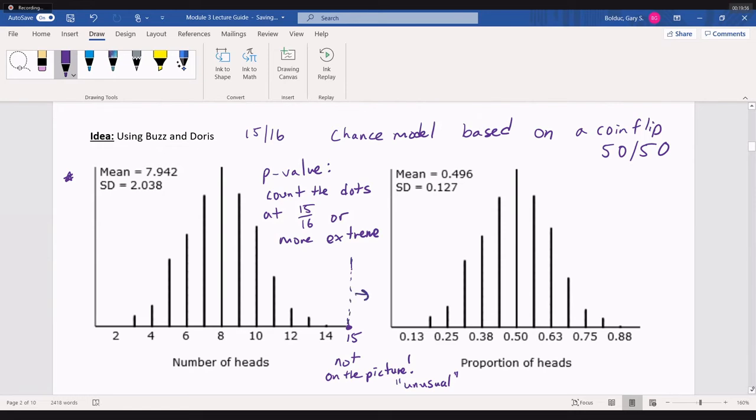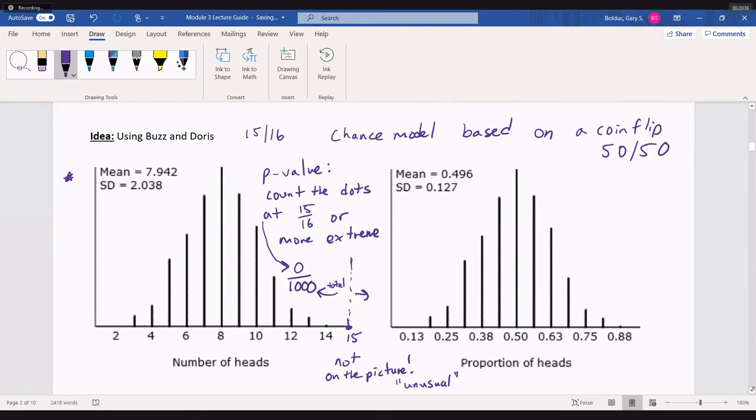More extreme means further from the middle, okay? And what happened there? Well, there were no dots. No dots at all out of the 1,000. And we divide by the total number of dots in our picture. So the p-value is count the dots at your statistic or more extreme, and then divide by the total. This would be the total dots here. So we're going to count the number of dots, that's a 0, and we're going to divide by the total. This number is going to be how we measure you being unusual.